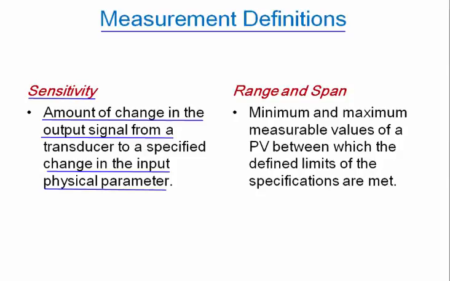Clearly, if you're trying to measure something, then you need to be able to detect a change, because we're all about measuring change here. But if the sensitivity is too great, then the measurement becomes subjective to noise and to other external influences.